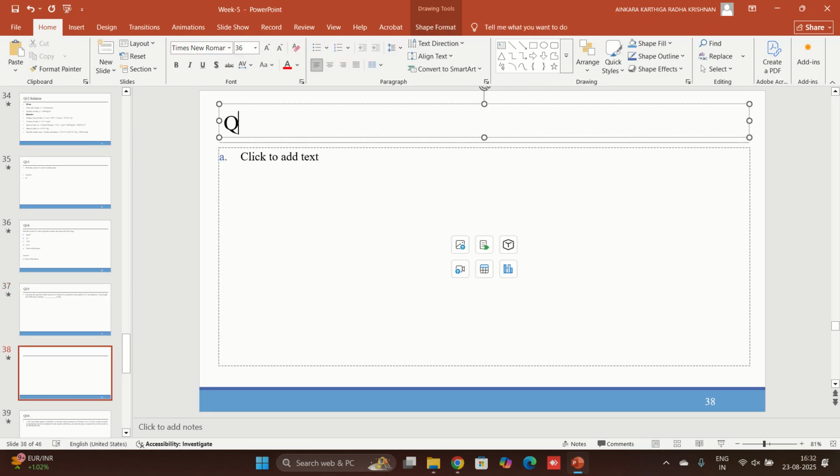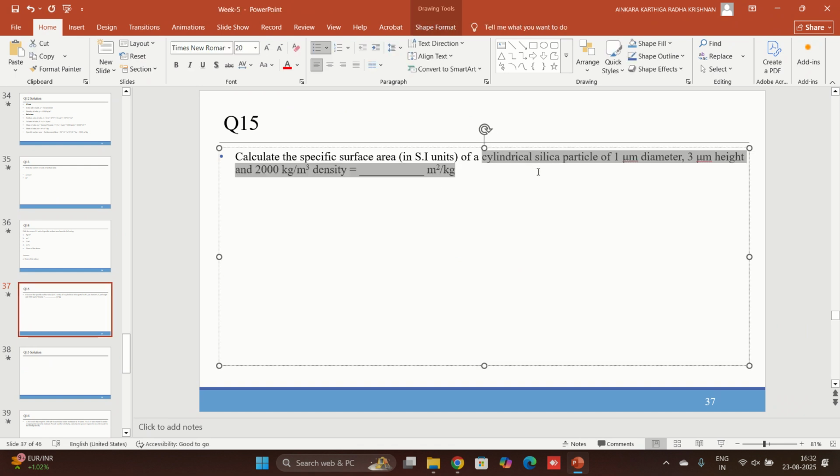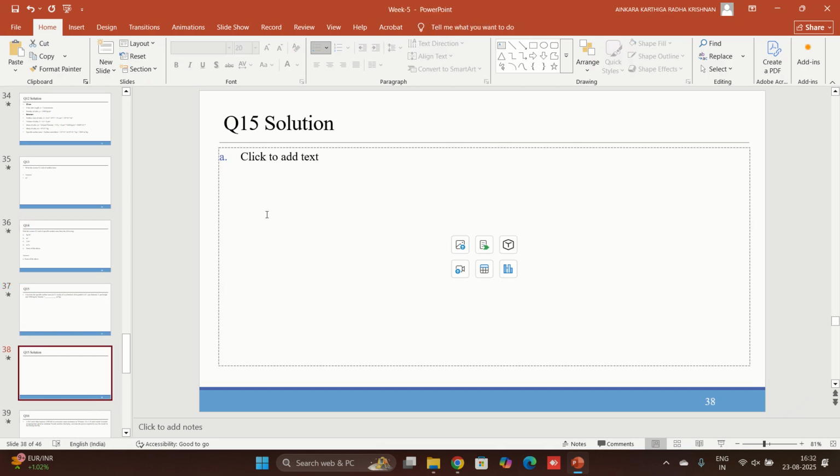So it is question 15. Solution. What is given? We are given a cylindrical silica particle of 1 micrometer diameter and 3 micrometer height.